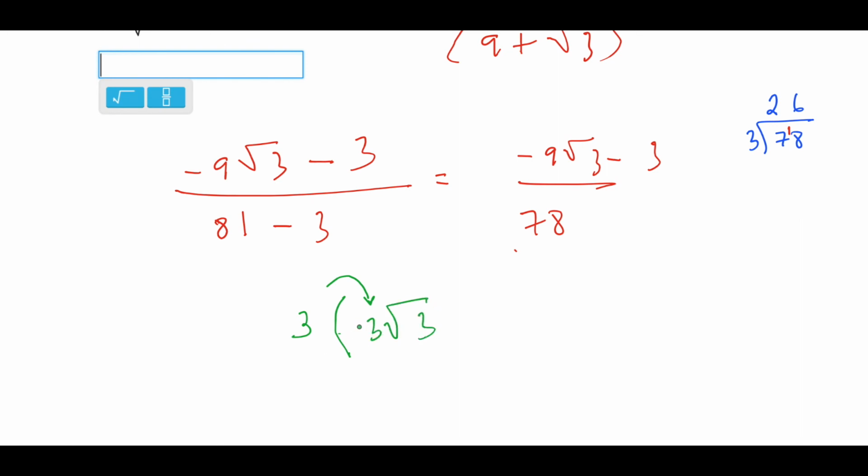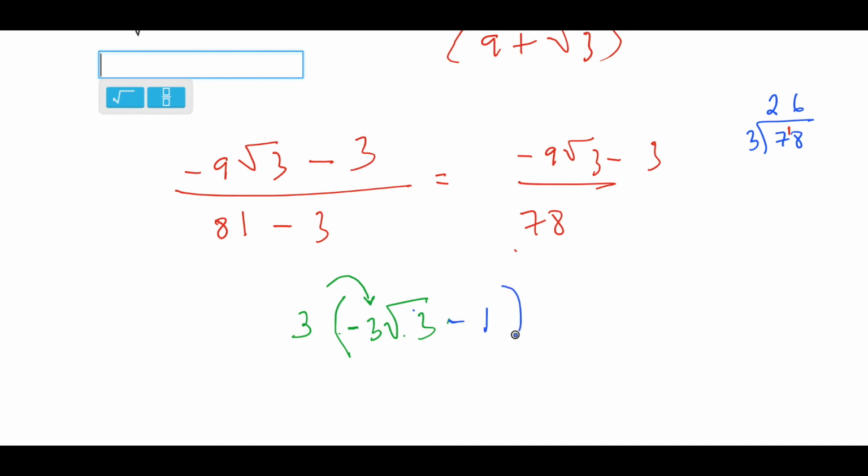So it's negative 3. So 3 times negative 3 root 3 is negative 9 root 3. It's not reduced. And then 3 times what is negative 3? 3 times negative 1.